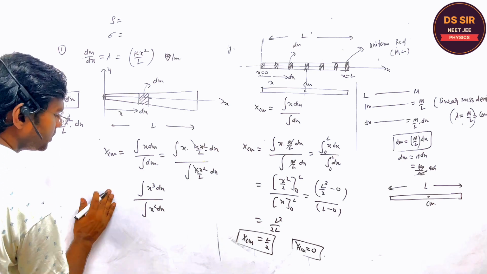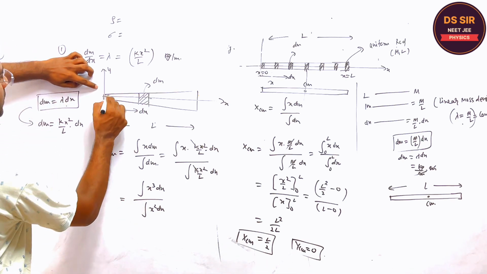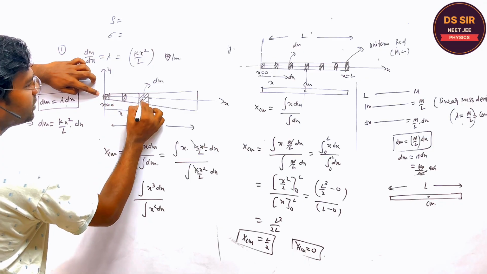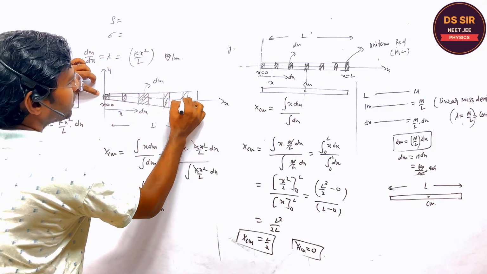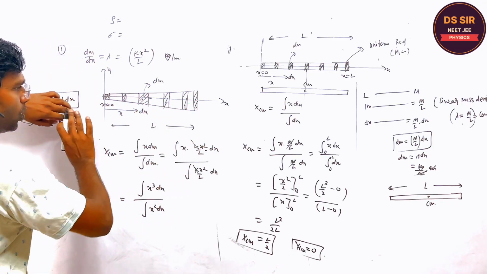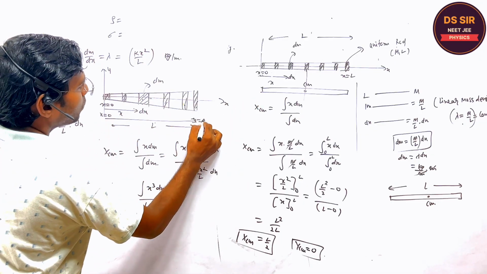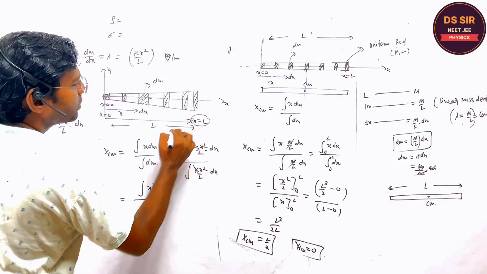Now you have to put the limit. These parts start from x equal to 0, then this is another part, another part, another part. You have to add from 0 to x equal to L. Is it clear or not?